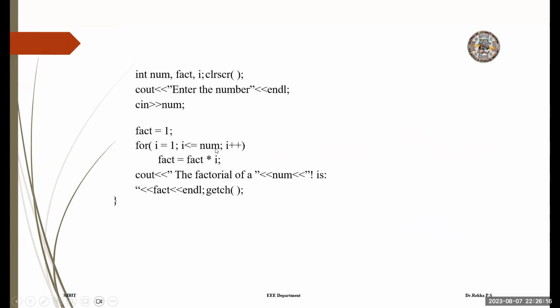If it's less than or equal to num, then do fact is equal to fact into I. So as long as this condition is true, it will be executed. Once it's out, the factorial of num will be stored in fact. So that fact value you can directly print and get the factorial of a given number.